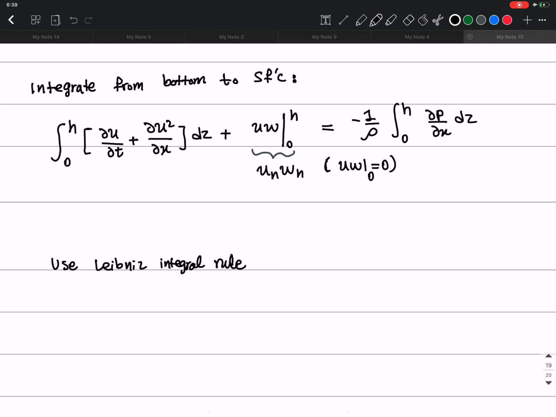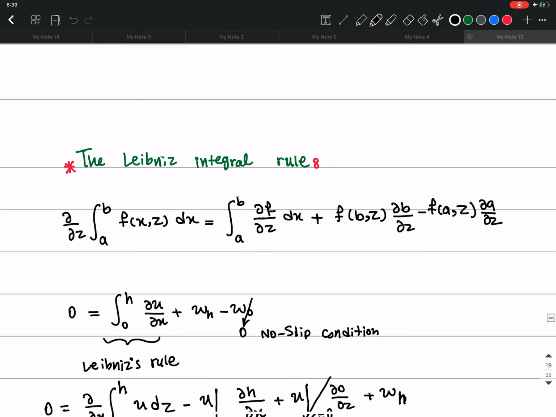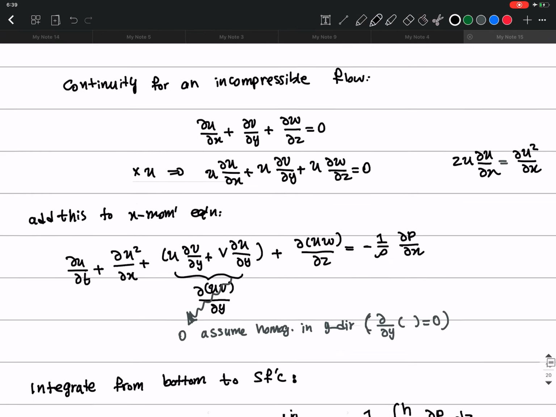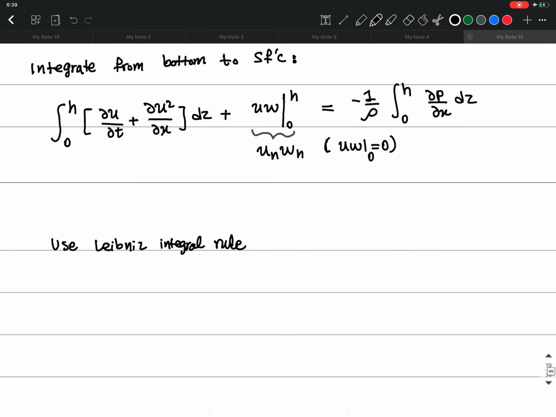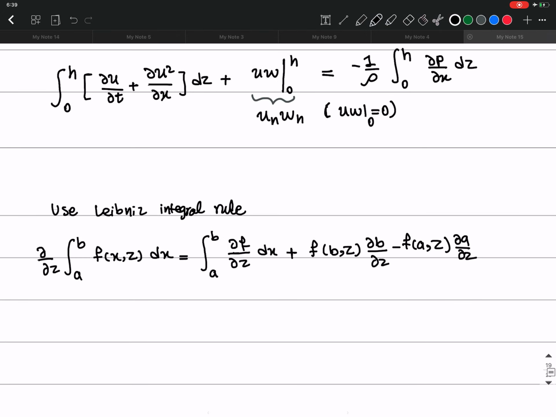Okay, so let's see what was the Leibniz rule. We have it, I think. Yep, it's here. So I'm gonna put it here and then do it.